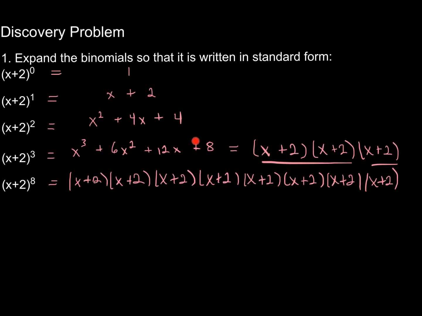Also notice that the last term is the last term in my binomial, so 2 to whatever power I have. 2 to the first. Here I have 2 squared because I'm going to have a 2 times a 2. And here I'll have 2 to the third power, or 8, because I'll have 2 times 2 times 2.